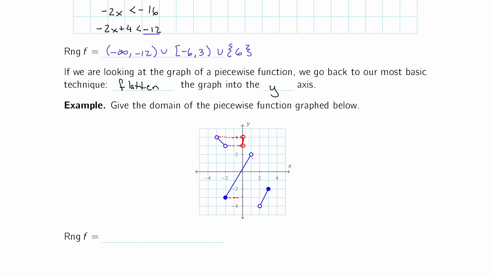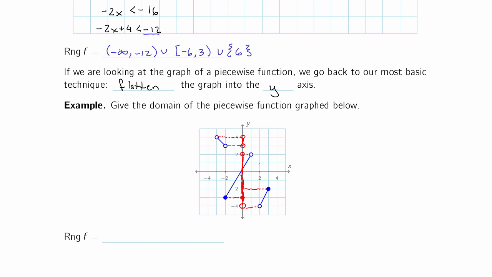This piece flattens into the y-axis like this. It gets us the points from -3 up to 2. This piece, and then this piece, will flatten into the y-axis like this. It gets us the points starting at -4 and then going up into points that we already have. Once we've gone up into points that we already have, we're not getting any extra points.